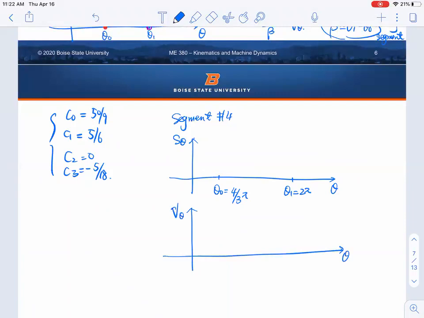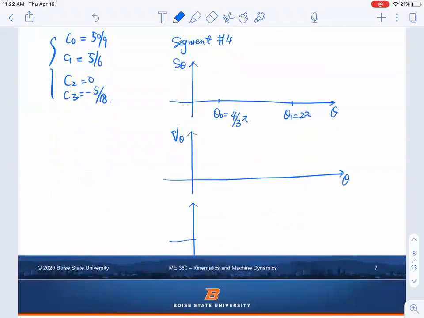The same location for theta v theta and theta a theta: theta naught, theta 1. Usually the last segment, yes, that's the right calculation for A theta, but I don't have the numbers ready.